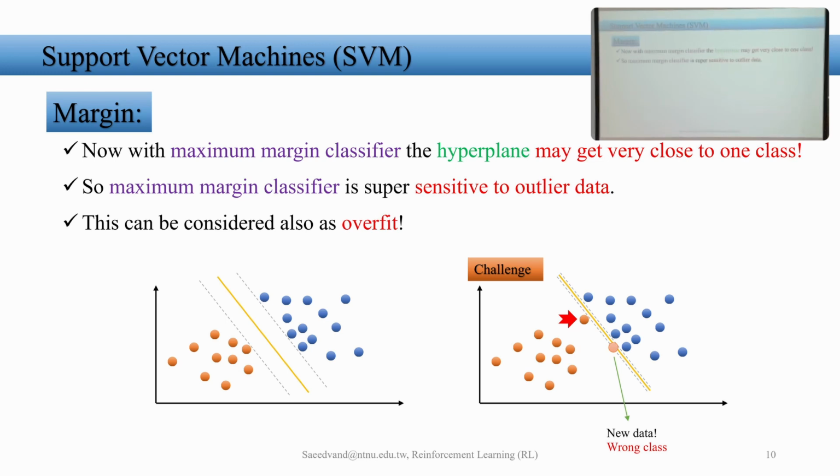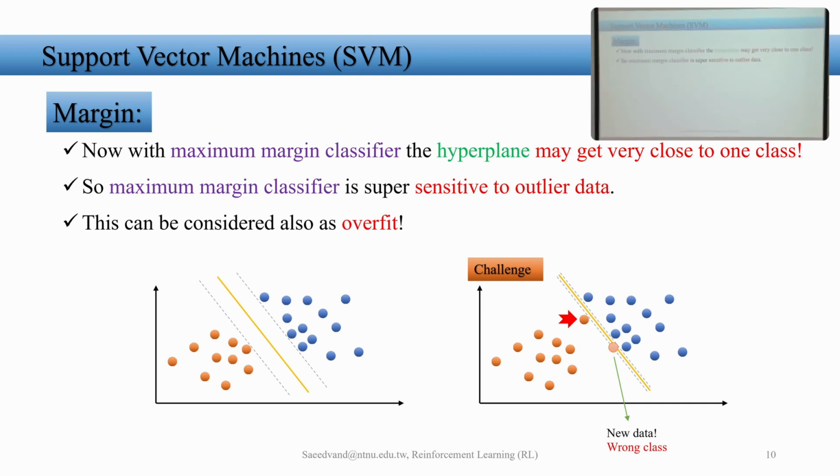These are very popular in image processing, machine vision. In many algorithms we have this, and we should find a way to filter these. So we say the maximum margin classifier is super sensitive to outlier data.